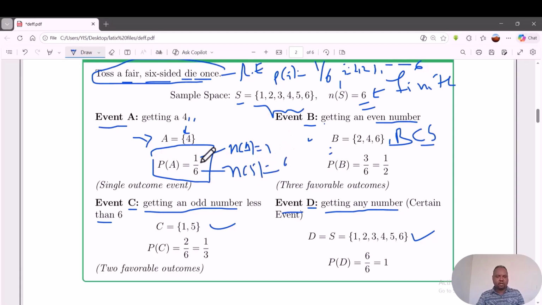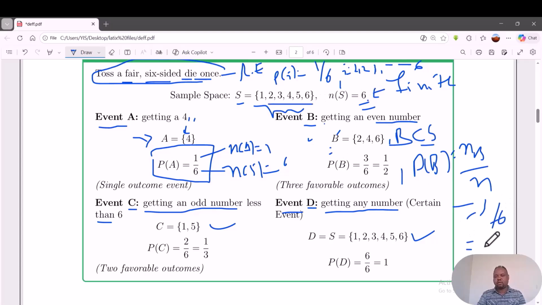So 1 over 6 is the numerical value assigned to the probability of A, and it is a valid probability. The same is true for the probability of B, which is n(B) over n. How many elements in B? 3. How many elements in S? 6. This is 1 over 2. Getting an even number has a probability of 1 over 2.